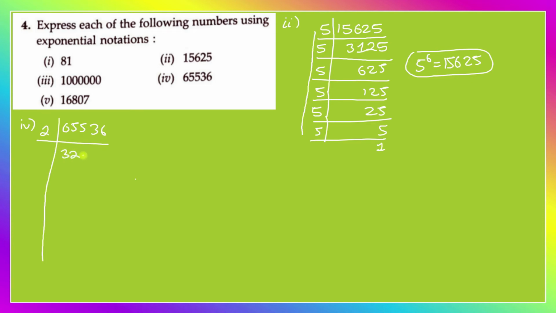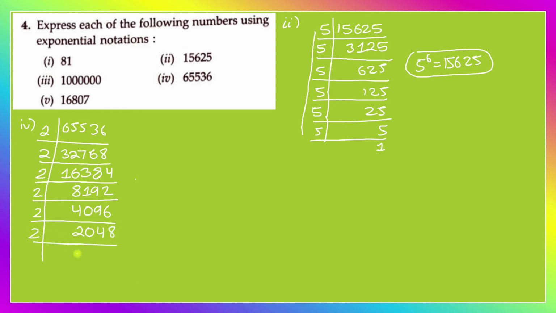So we get 32768, then we have 16384, then 8192, then 4096, then 2048, then 1024.